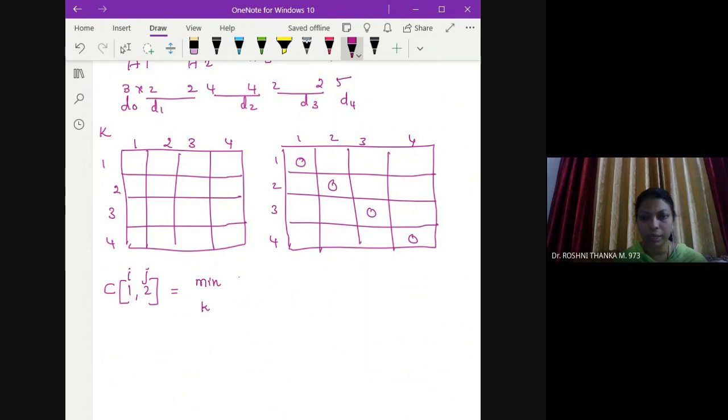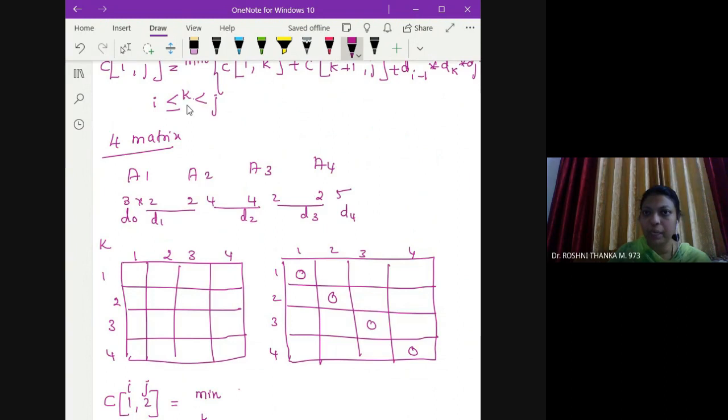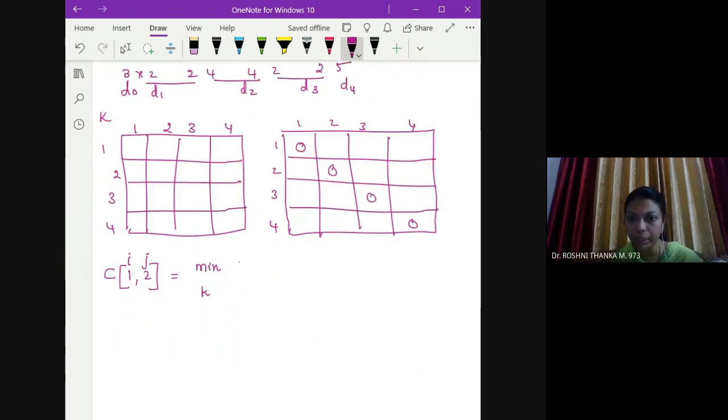Already you know the formula for k value: k will be greater than or equal to i and less than j. So here what will be the k value? The k value should be greater than or equal to the i value, here it is 1, and it should be less than the j value. The j value here is 2. So we have taken i value as 1, j value as 2. For this particular value we are going to calculate.